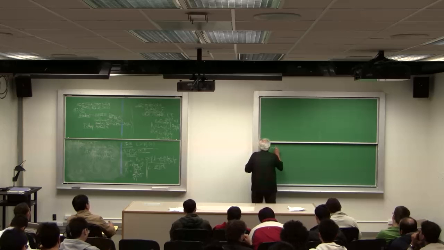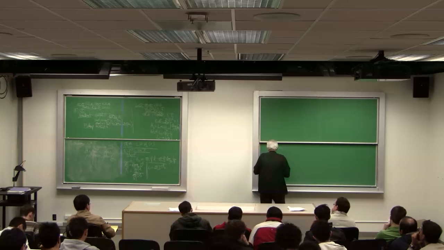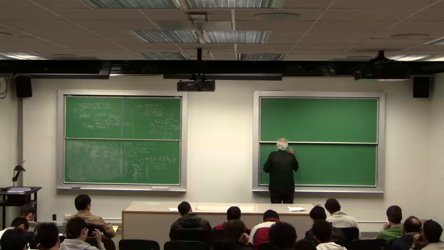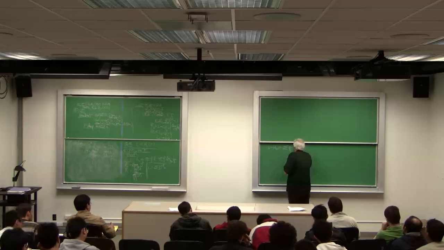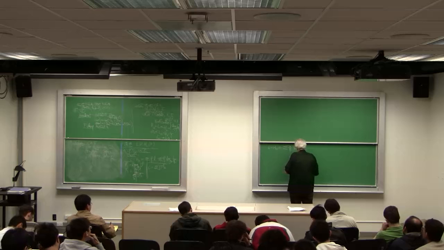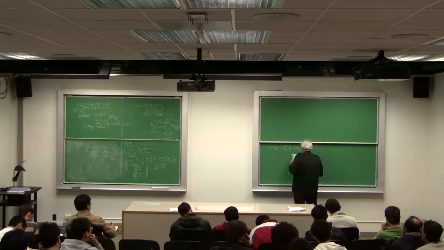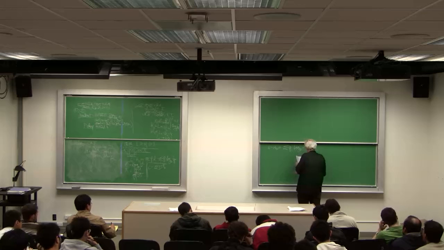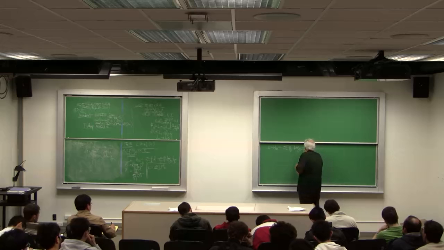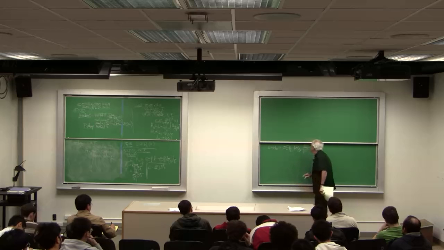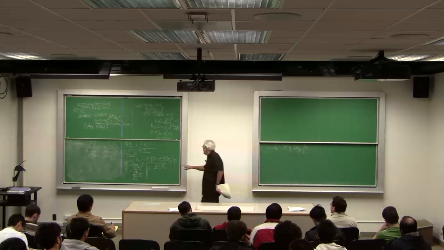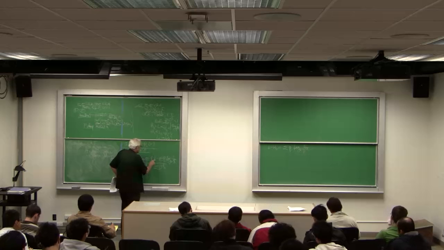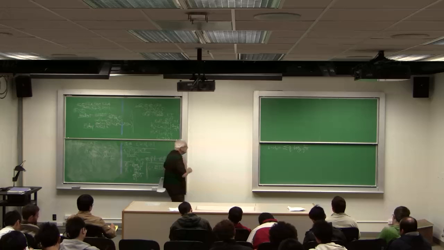L minus H sub D is equal to the summation of p_i log to the base D of p_i over D to the minus l_i, because l_i is log to the D of D to the l_i, and so I just plug those in.